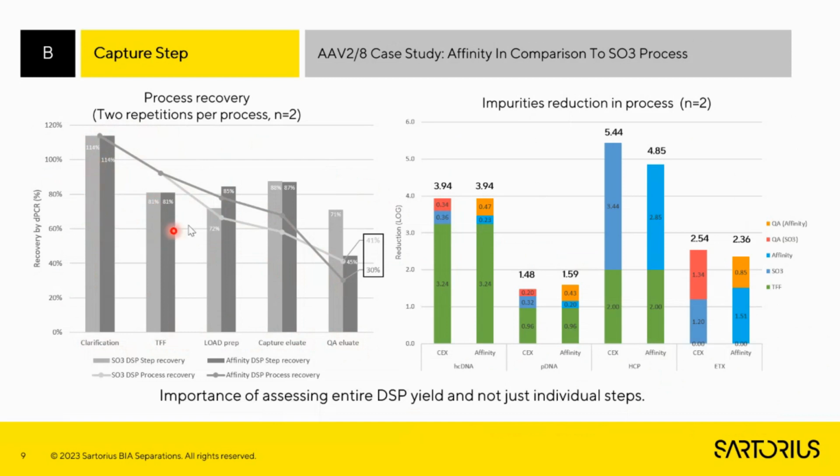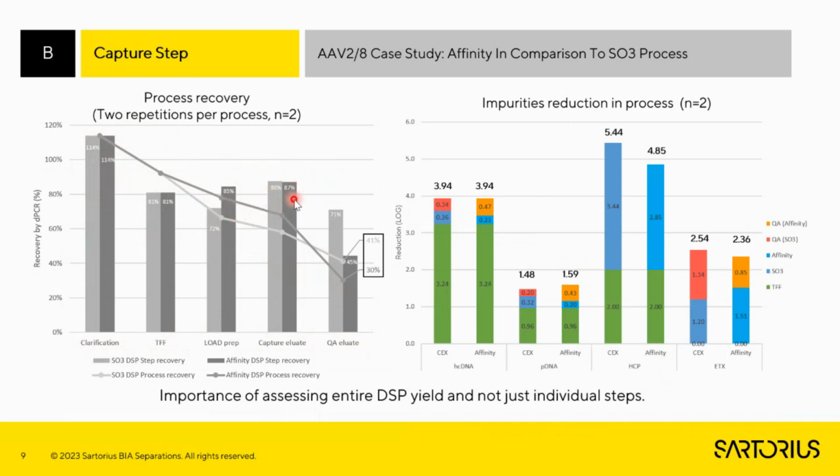What we can see is that for clarification and TFF, we have the same values. Why? Because we used the same approaches for both. The clarification and the TFF were exactly the same for the 2 processes, but then we divided into 2 groups. Half of the material went to the affinity column, half of the material went to the SO3 and was processed there. We do see slight differences in the load preparation.